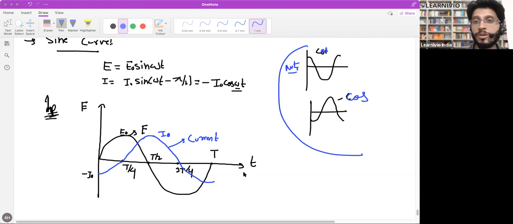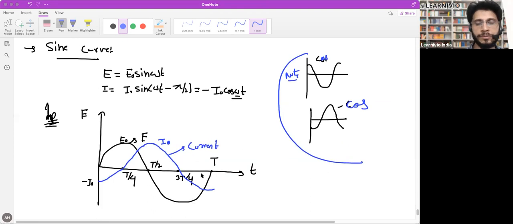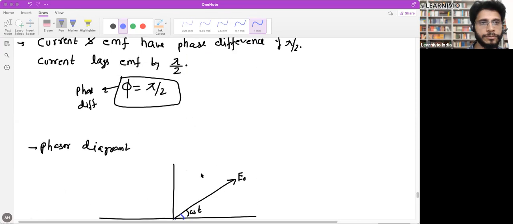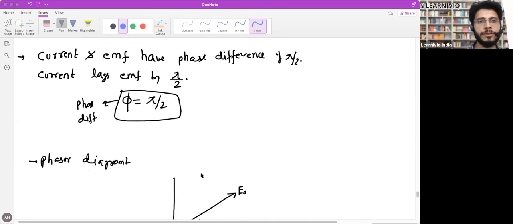This is what happens in AC. That's the meaning of phase difference. When we say there is a phase difference between EMF and current, it means that EMF can be maximum when your current is 0, or your current can be maximum when your EMF is 0. That's the physical meaning of phase difference.